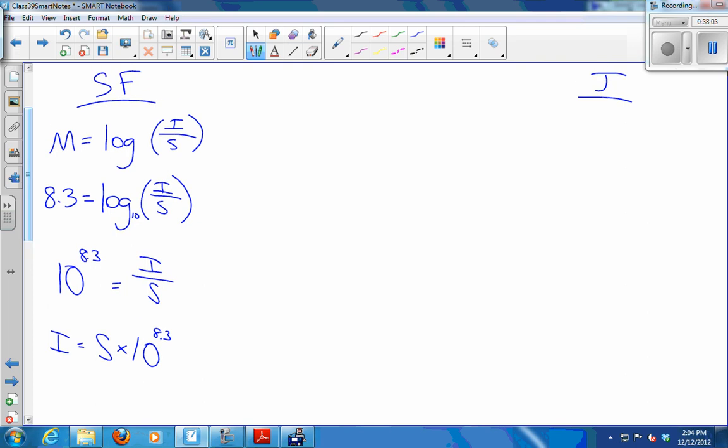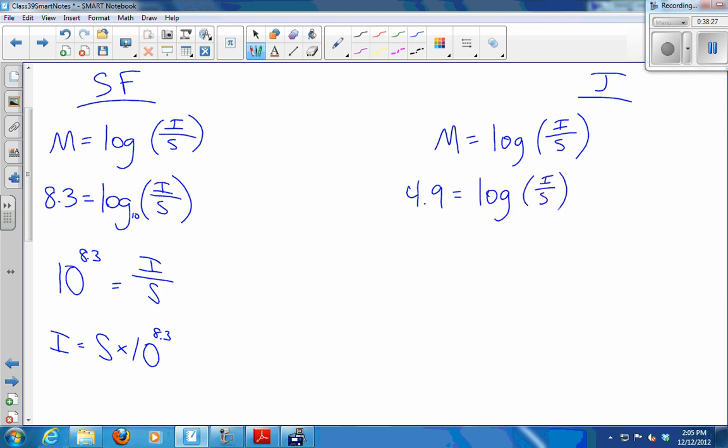All right, you take a minute or two. I want you to do the same thing for the Japan earthquake. Solve for its intensity. What was the intensity of the earthquake in Japan? What was the magnitude? 4.9. Okay, so just replace the M with 4.9. Change it to an exponential equation.